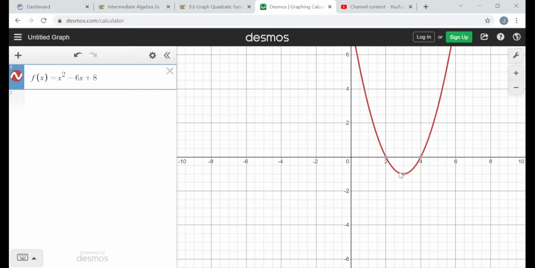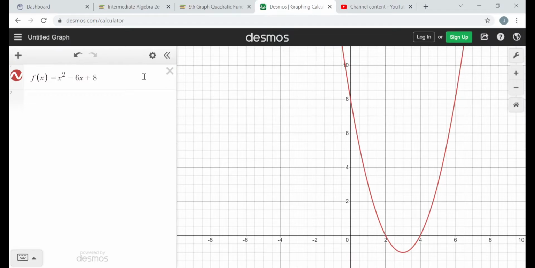And look, the vertex, (3, -1), exactly what we got. X-intercepts, (4, 0) and (2, 0). Y-intercept, (0, 8). And look at this point over here is (6, 8). I'll eventually get it. There it is.